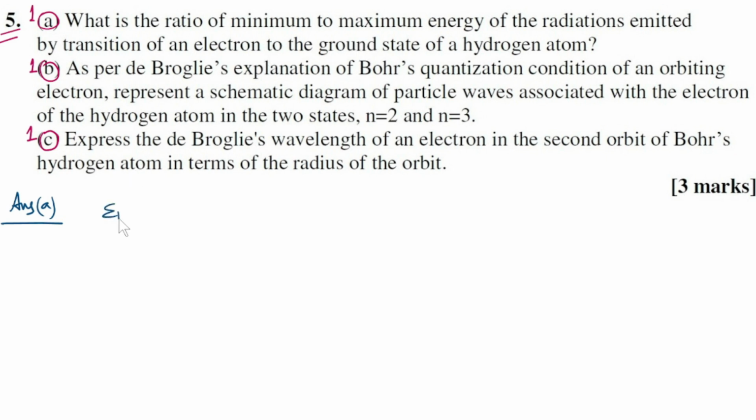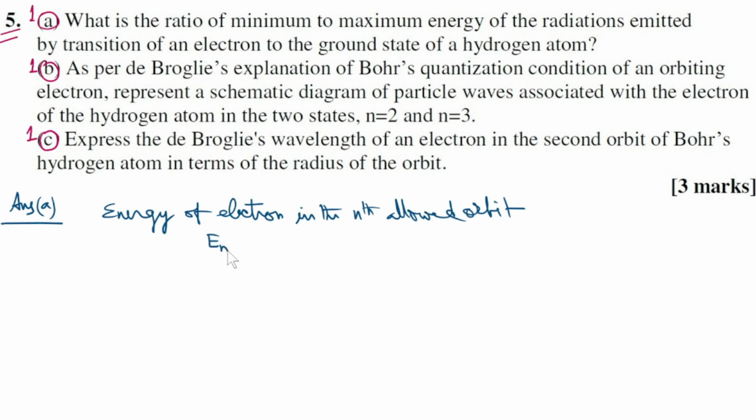Energy of electron in the nth allowed orbit, En equals to minus 13.6 upon n square electron volt.